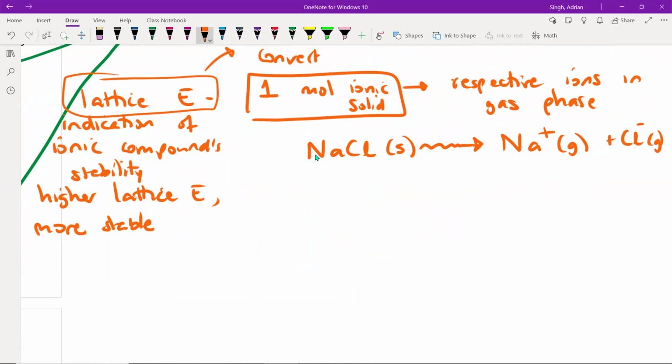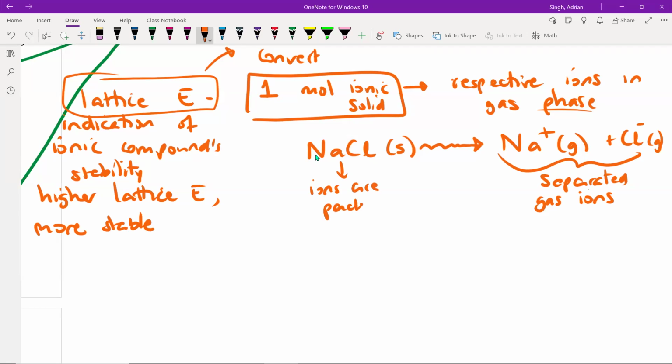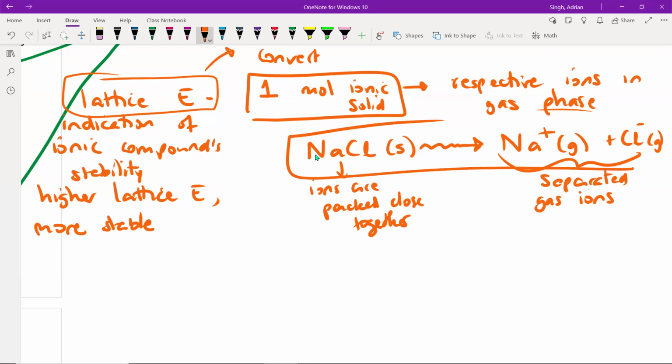So now I'm separating the gas ions from each other. Not only am I separating the solid, I'm converting it into the gas phase. Here, the ions are packed close together. The amount of energy needed for this process is the lattice energy.